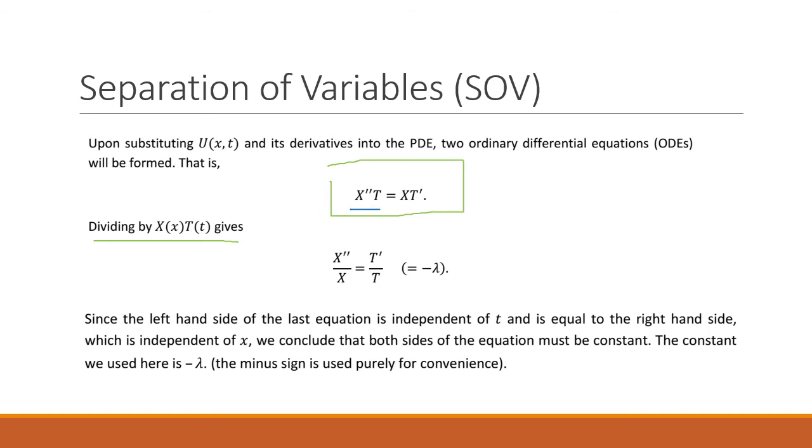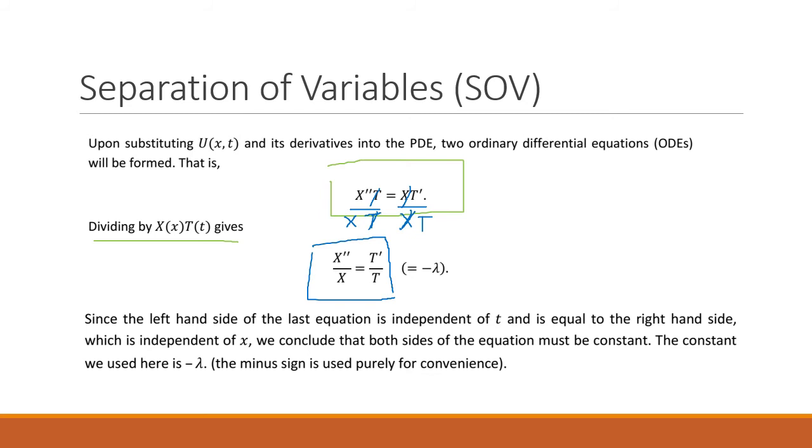Jadi awak akan dapat, bahagikan yang ni dengan X dan T di kedua-dua belah. So yang ni T kat sini boleh cancel sebab bahagi, dan yang ni pun boleh cancel. Jadi kita akan dapat X prime over X equal to T prime over T.